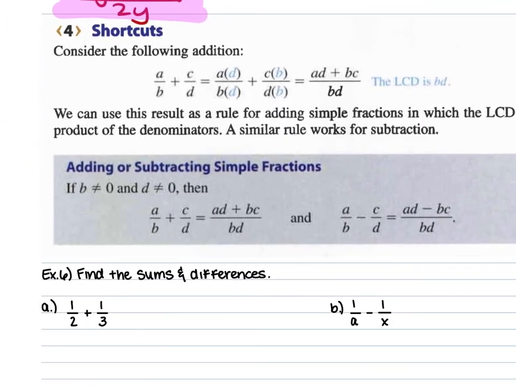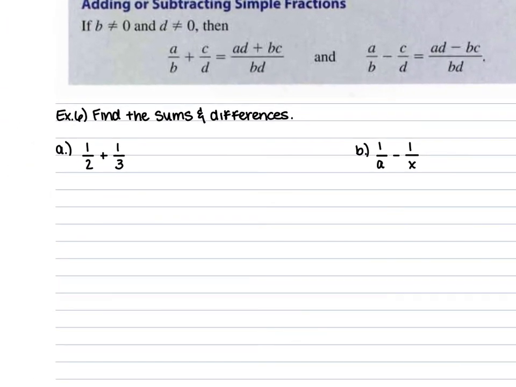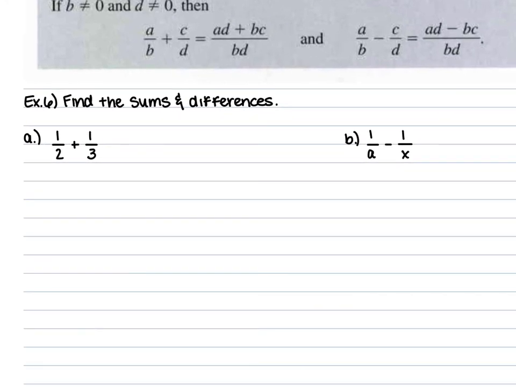For the next part of your lesson, we're just finding sums and differences of these. So we're doing the same exact thing, same concept. Find your least common denominator, turn your fractions into similar fractions with your least common denominator, and combine. So for example A, we have 1/2 plus 1/3.